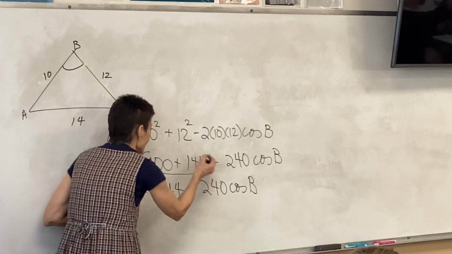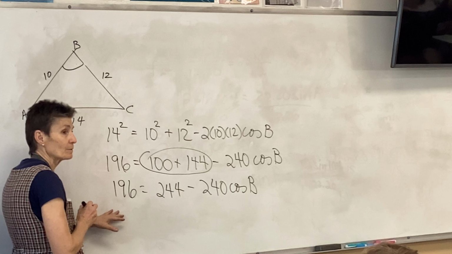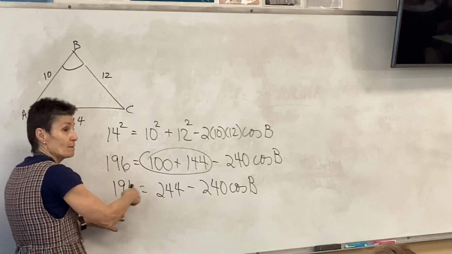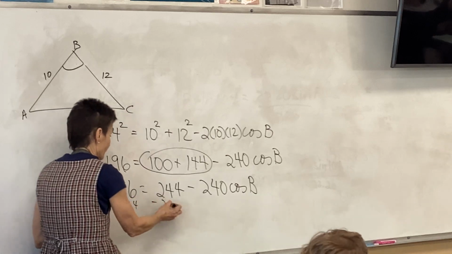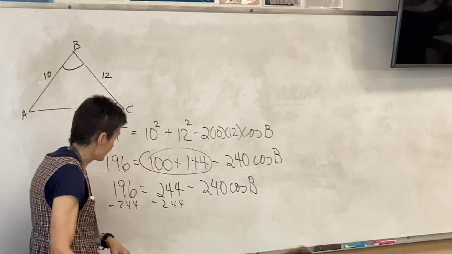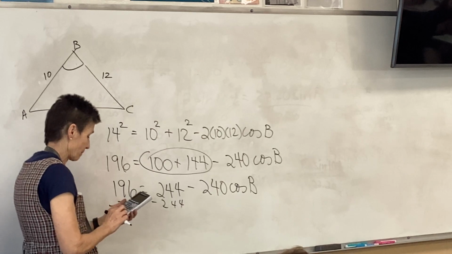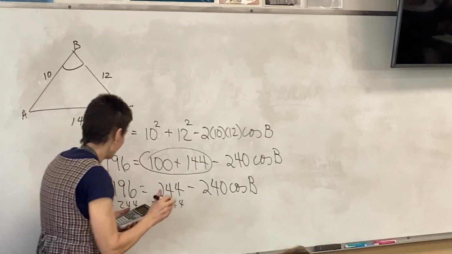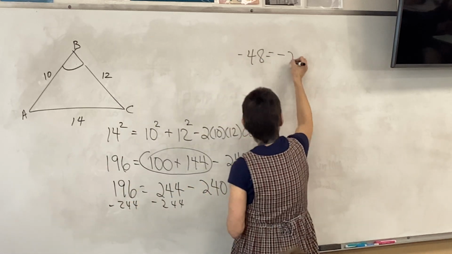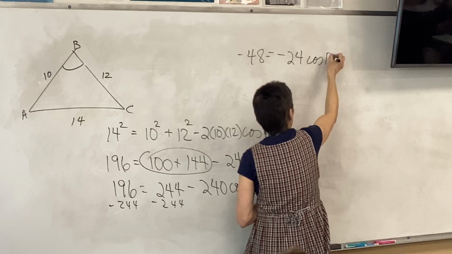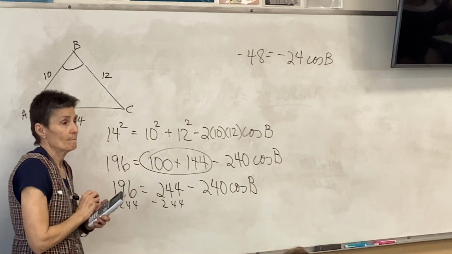So how am I going to solve that? I went ahead and added these together. That was perfectly okay. But what do I do now? Yeah, the ones. I'm going to subtract 244. So I end up with negative 48 equal to negative 240 cosine B. Now what?